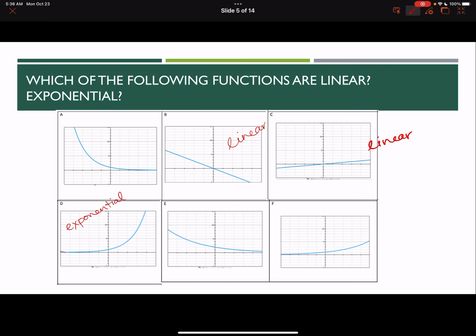See how it starts low and then it curves and goes up? Or it's going to do the opposite. It'll start high and curve down. And some of these curves are going to be steeper than others, but all of these are going to be exponential. And this top one up here, A. So those are all exponential. So looking at the graphs and identifying which is linear and exponential, that should be pretty simple.